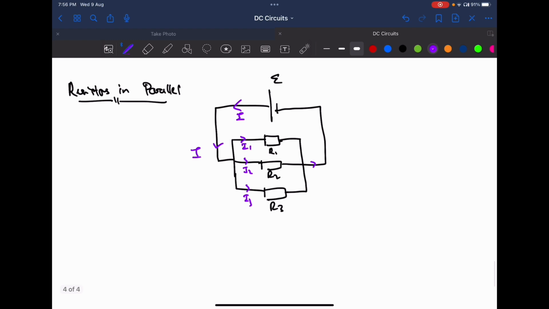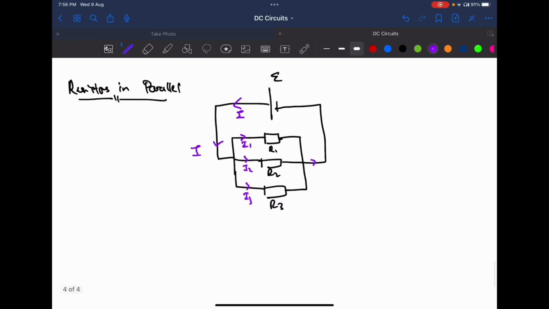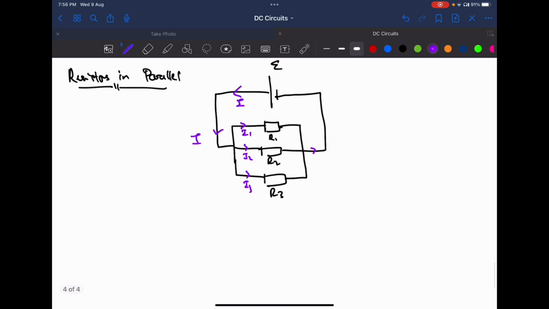Sum of current entering equals sum of current leaving the junction. So according to Kirchhoff's first law, the total current I equals I1 plus I2 plus I3.